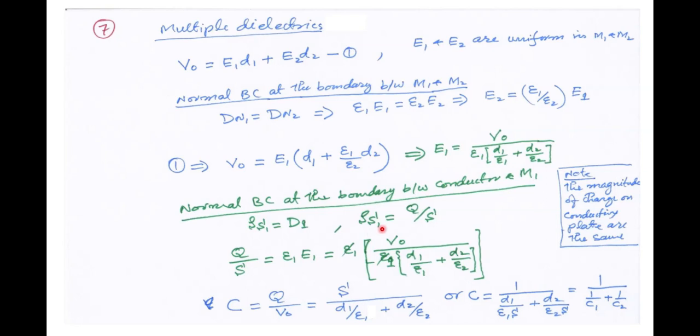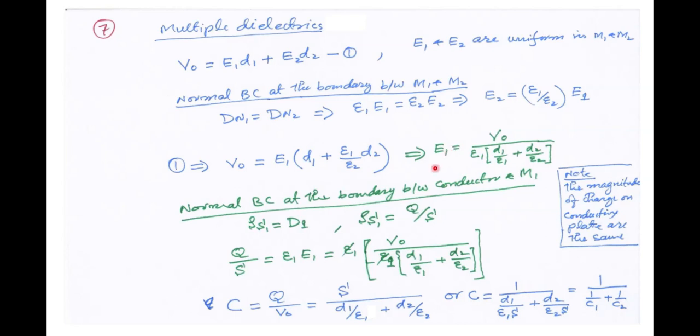So the surface charge density is given by total charge divided by the surface area. So this expression can be written in this form. Plug in the value of the electrostatic field from equation number 1, highlighted in green.